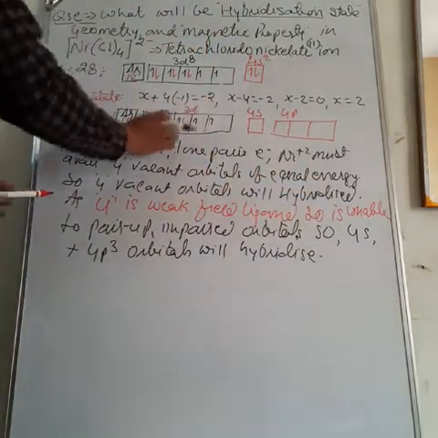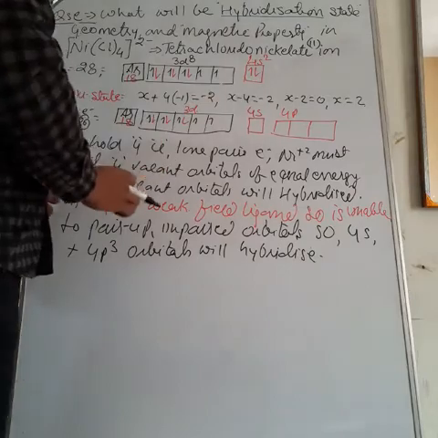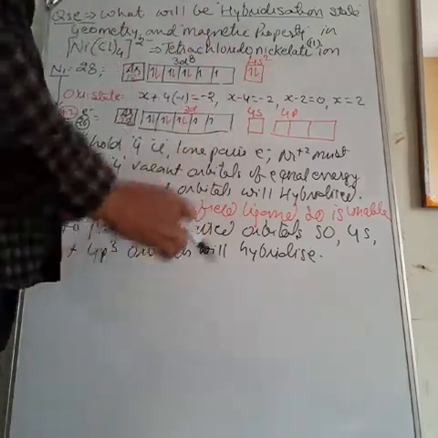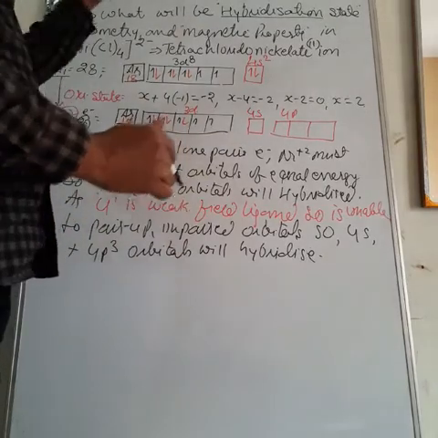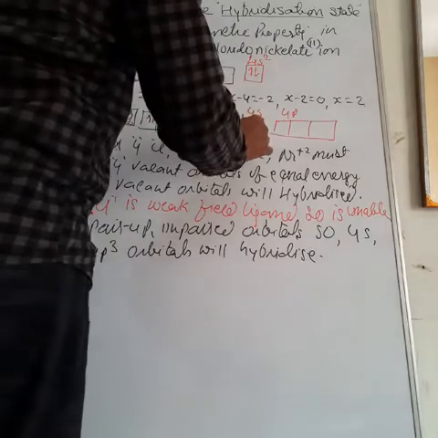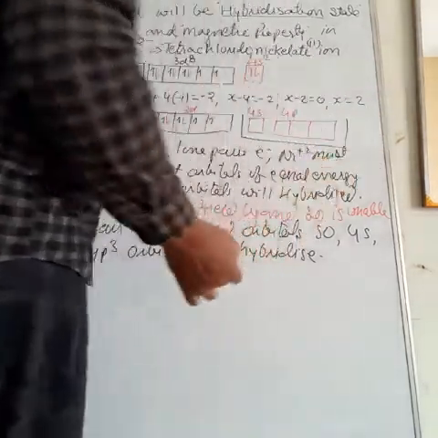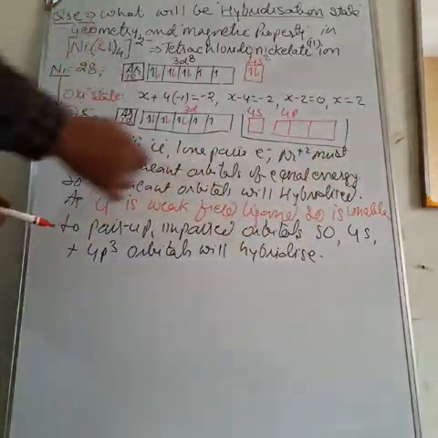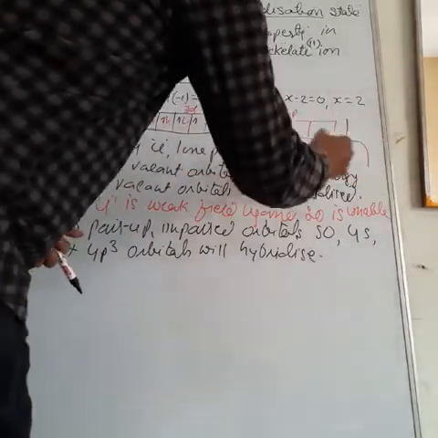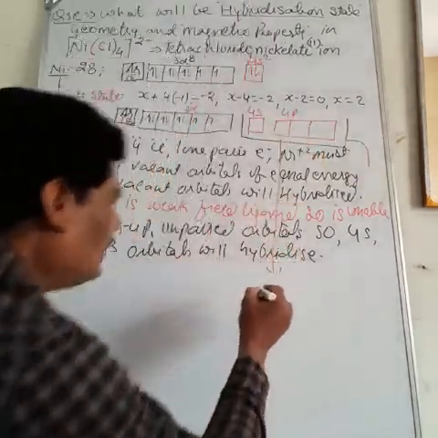That means Cl is unable to pair up. That means there is no chance of hybridization of d orbitals, because in the hybridization in the case of a coordination compound, only vacant orbitals participate. Unpaired or completely paired orbitals do not participate. So now the hybridization will take place.